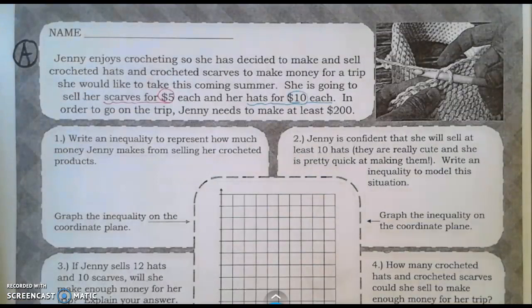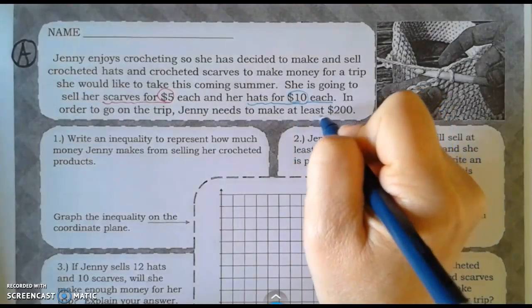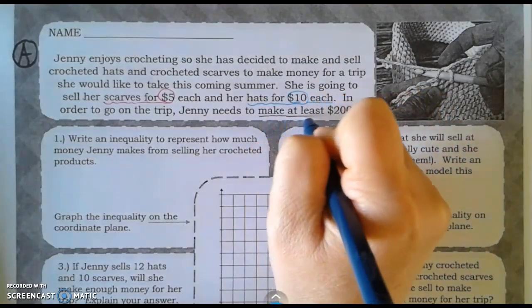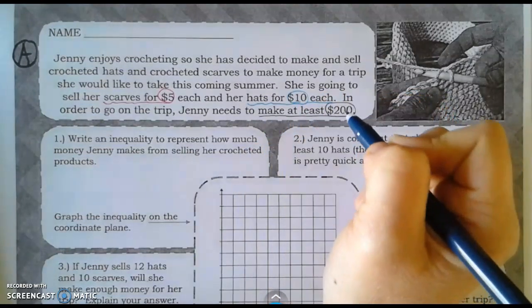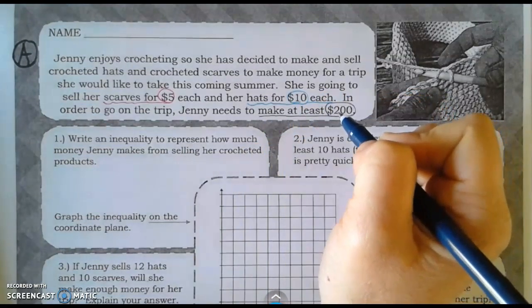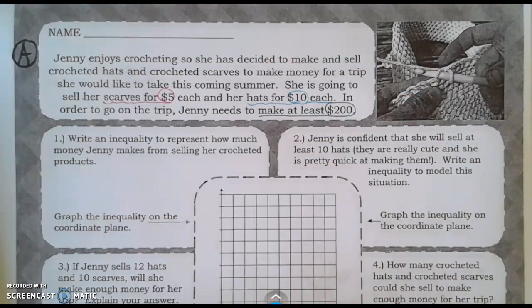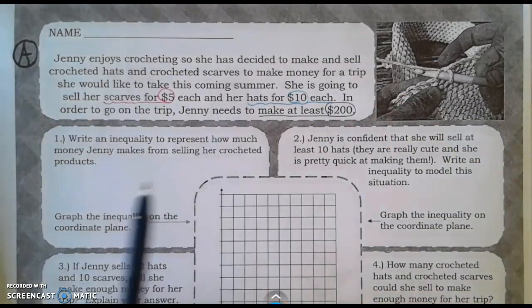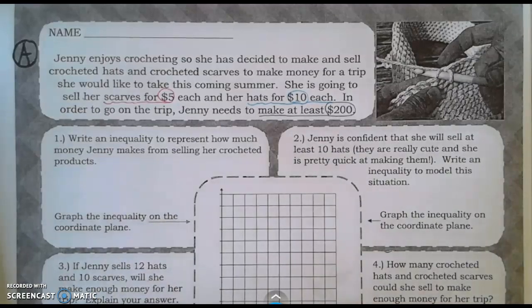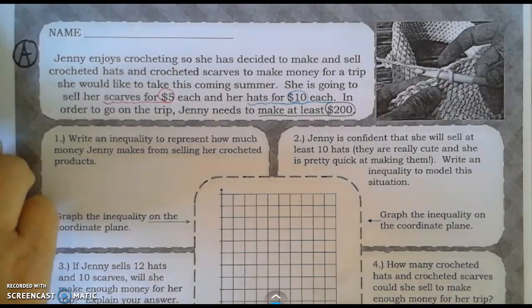So the trip costs $200, which means she needs to make at least $200. That means she can make $250, $300. But if she only makes $100, that's not going to be enough. So let's understand the problem first and get on to solving it.